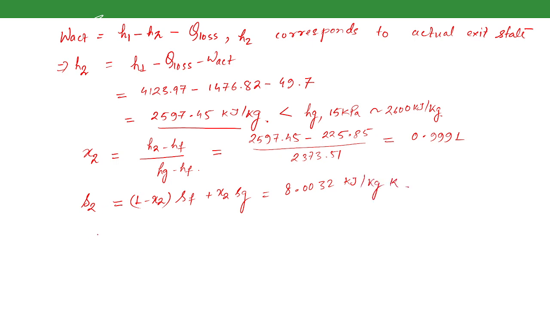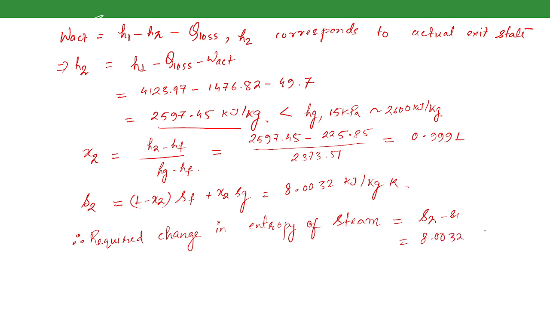Therefore, the required change in entropy of the steam is S2 minus S1. So 8.0032 minus 7.6469 is 0.3563 kilojoule per kg Kelvin.